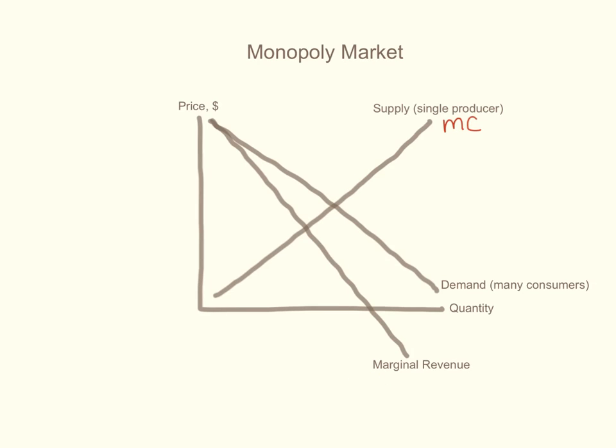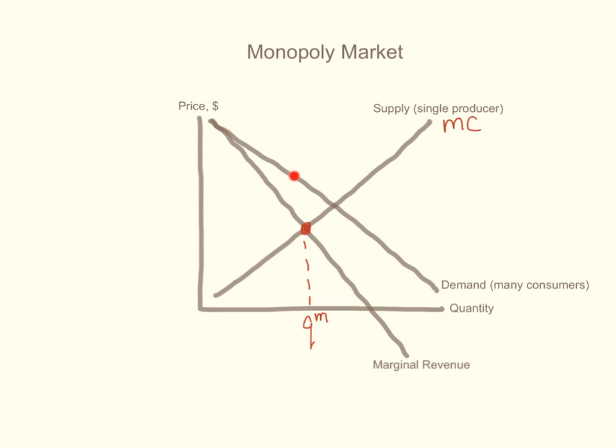So by setting marginal cost equal to marginal revenue, the monopolist chooses the profit maximizing level of production, which is right here. We'll call that QM for monopoly. And now the monopolist must decide what price to charge for the product in order to sell this quantity QM. She's going to charge the highest price she can get away with, and that's going to be determined by the demand curve for the product.